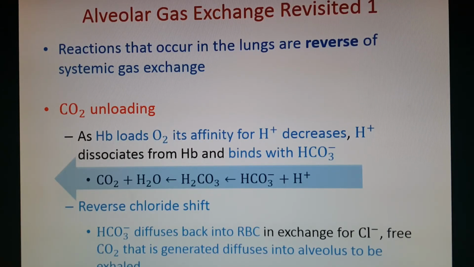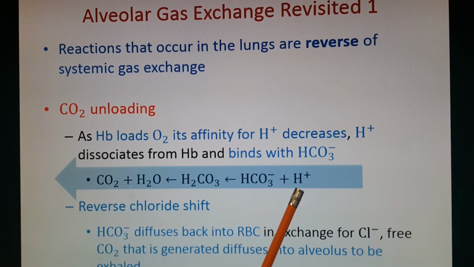So the opposite happens in alveolar gas exchange, so gas exchange in the lungs. So your CO2 is unloaded. You go through a reverse chloride shift to bring bicarbonate ions back into the red blood cell. So you undergo a backwards reaction, going from your bicarbonate ion and your hydrogen ions.